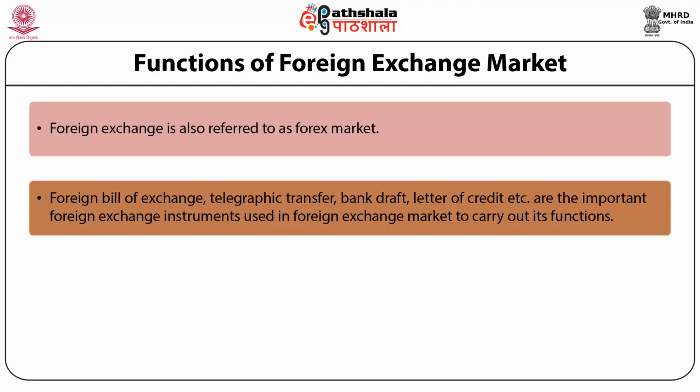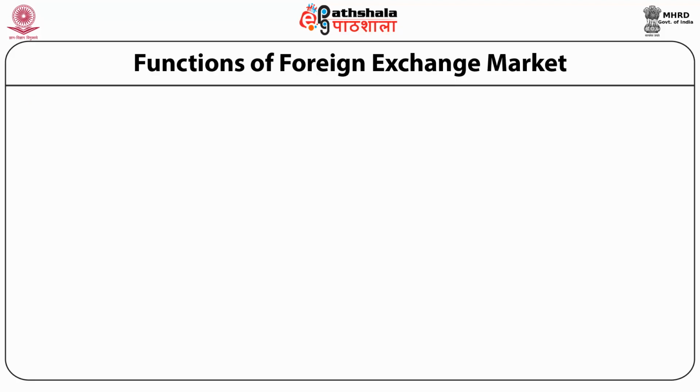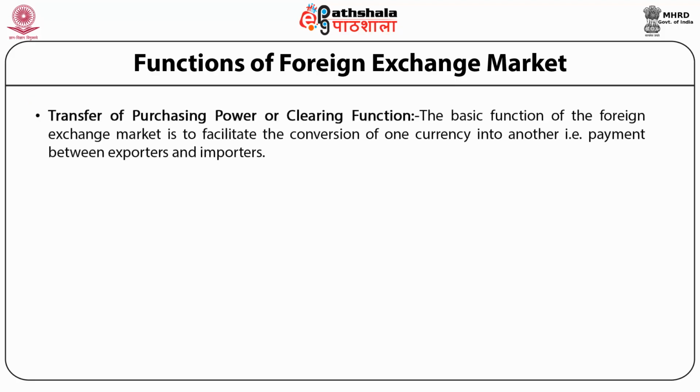The foreign exchange market performs the following functions. First is transfer of purchasing power or clearing function. The basic function of any foreign exchange market is to facilitate the conversion of one currency into another, that is, payment between exporter and importer.